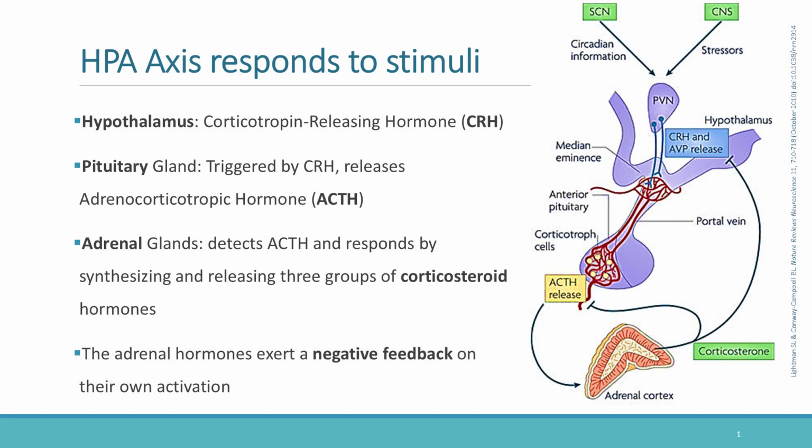The released glucocorticoids exert negative feedback on both the hypothalamus and pituitary gland. This feedback loop is clinically extremely important because prolonged exogenous glucocorticoid therapy suppresses the HPA axis. If steroids are suddenly withdrawn after chronic use, patients may develop adrenal insufficiency or even adrenal crisis.